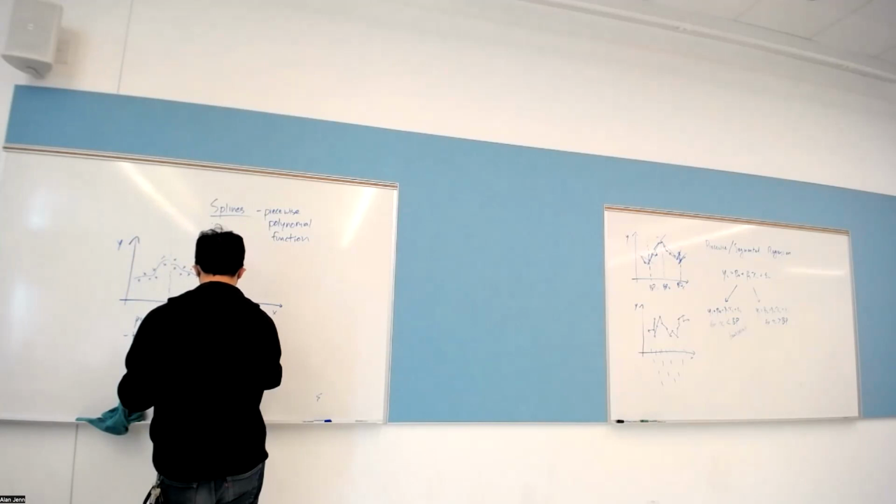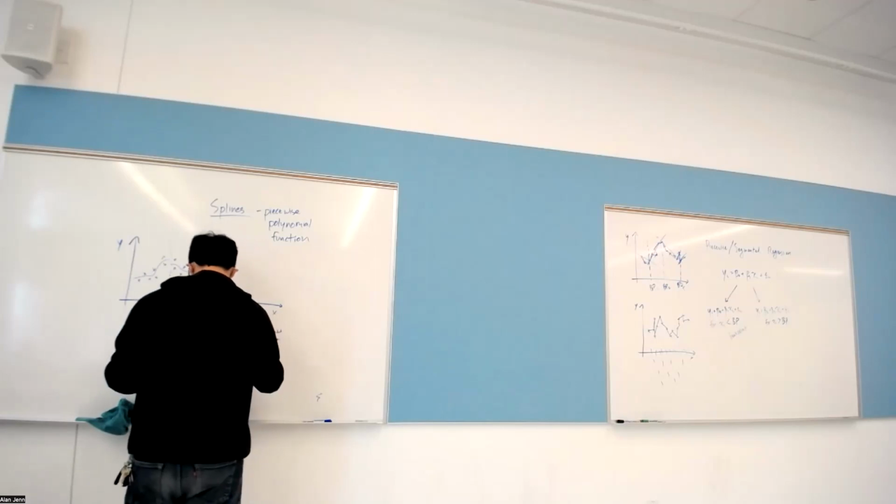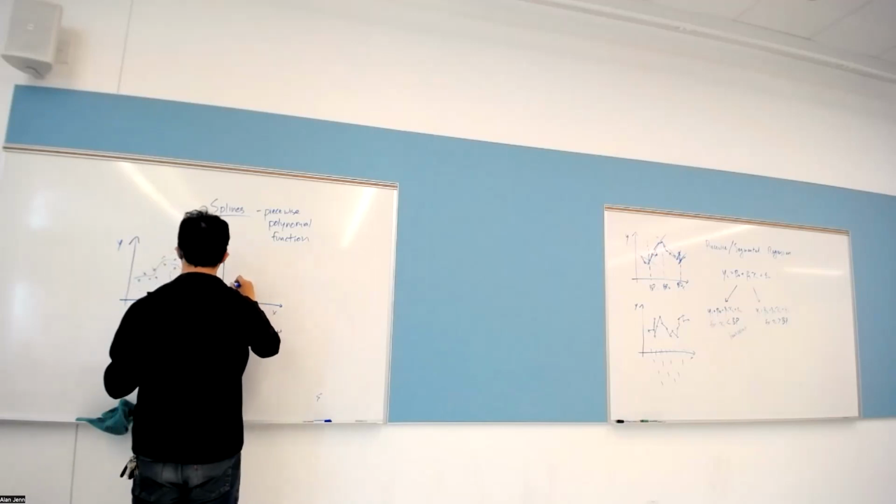So plus an additional constraint that the lines must touch. Okay, so that's going to look something like this.